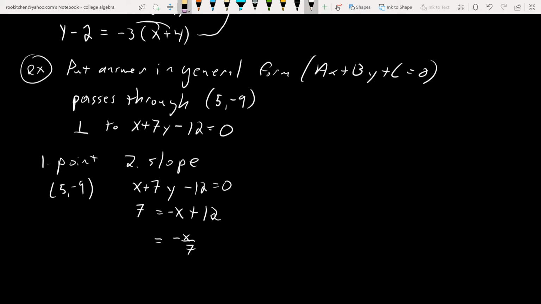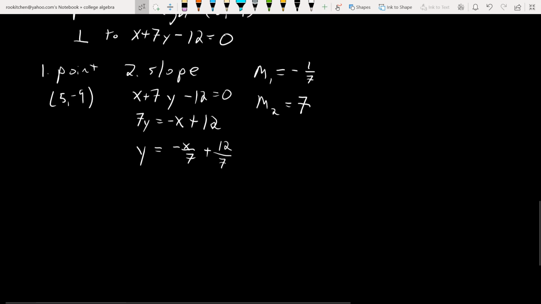Get rid of that. Y, and then plus 12 sevenths. Okay, so the slope in this case, call it m1, is negative 1/7. So the negative reciprocal, in other words, the slope that we want, will be positive 7/1, which is just 7.